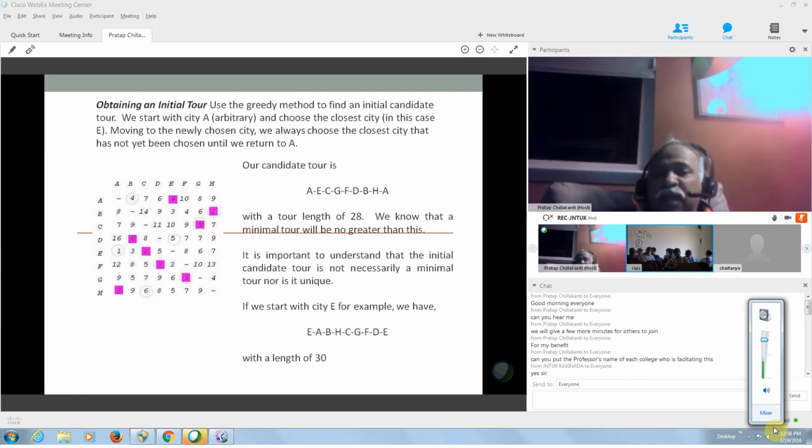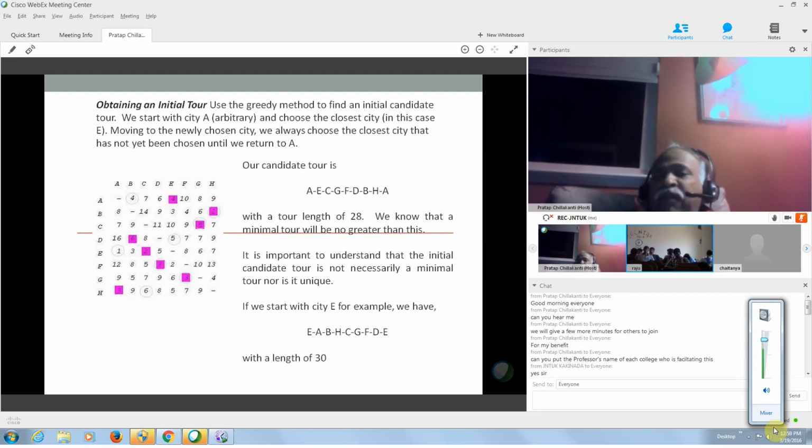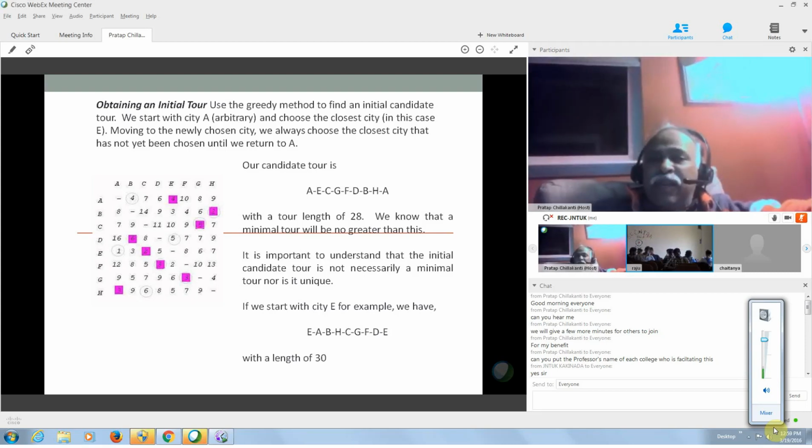The tour is basically you have to start at A and come back to A again. That is the tour in traveling salesman. So we select some tour, and the way we select it is that there is something called a greedy method. Greedy method always chooses, in this case, the shortest.